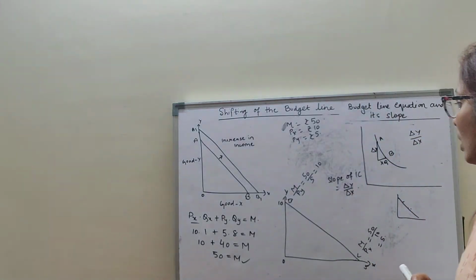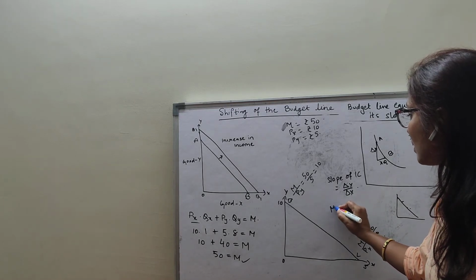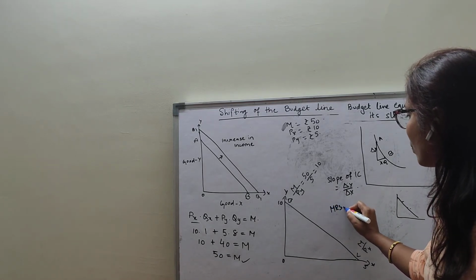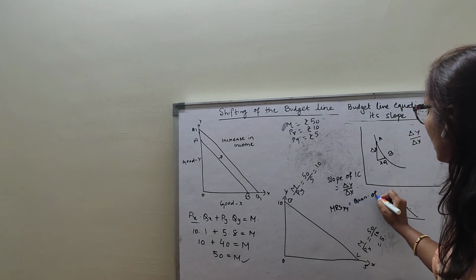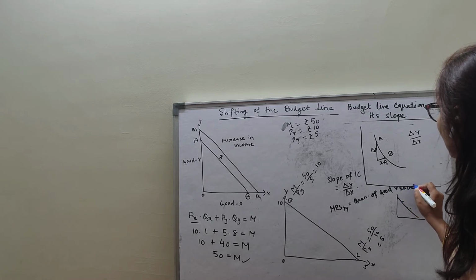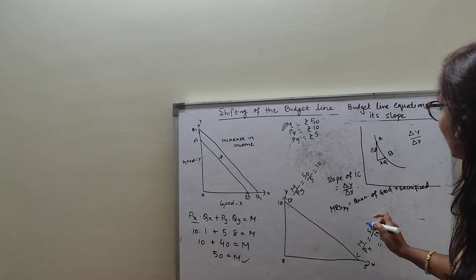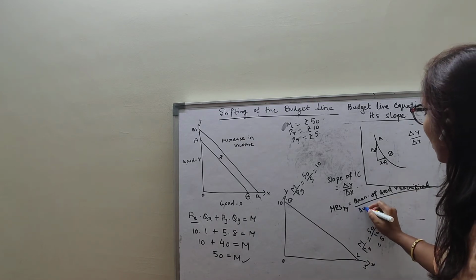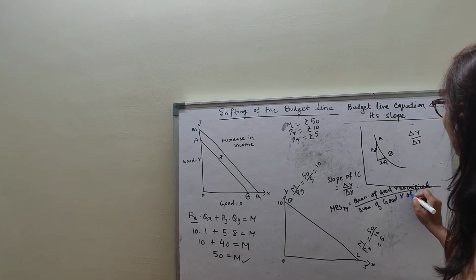Clear? So, what is the formula of the indifference curve? MRS of x for y is the quantity of good y sacrificed by the quantity of good x obtained. Isn't it?